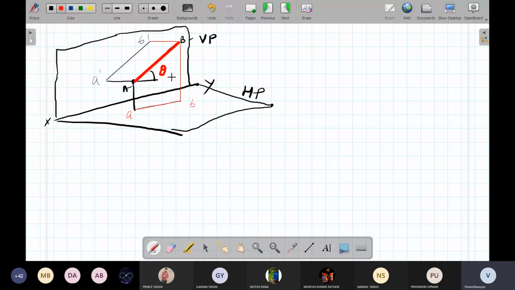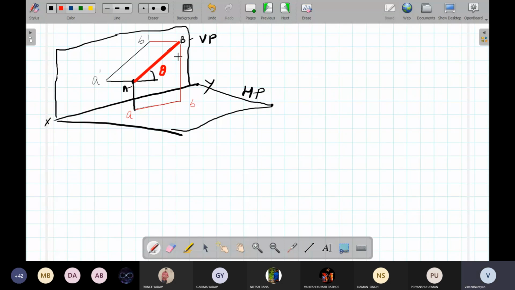Now remember, this example will help you understand more about the line which is inclined to both the planes. Now this AB, when it is projected on the horizontal plane, which it is inclined to, its length is smaller than the true line.